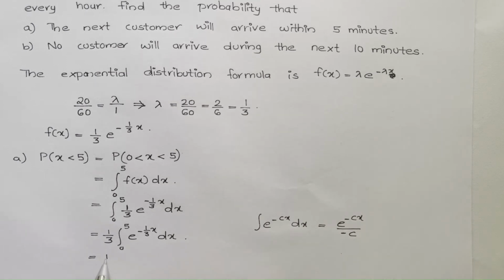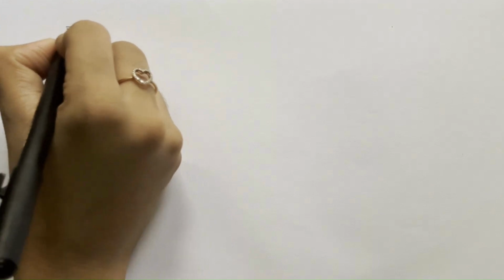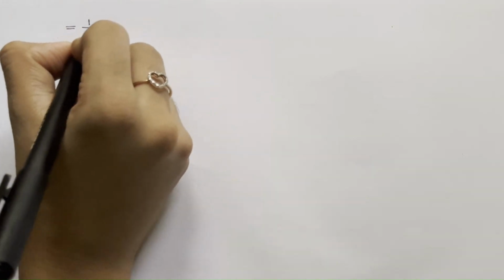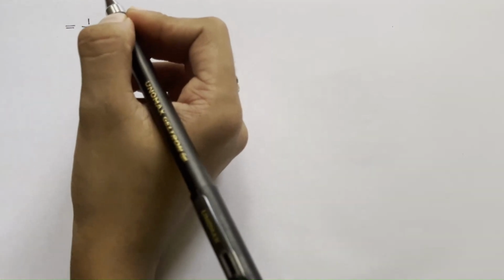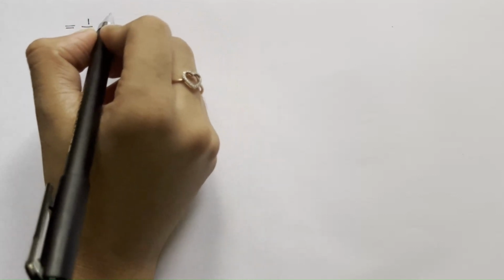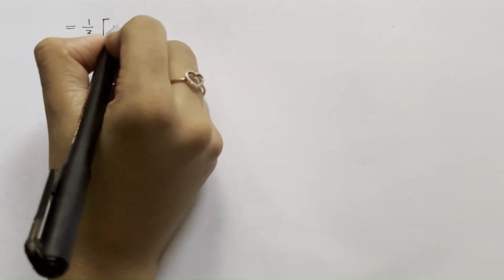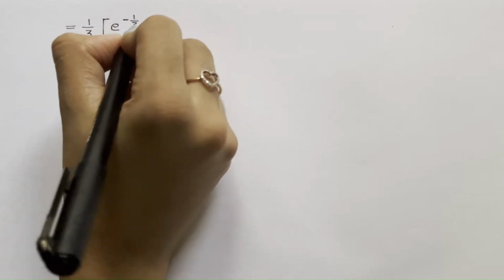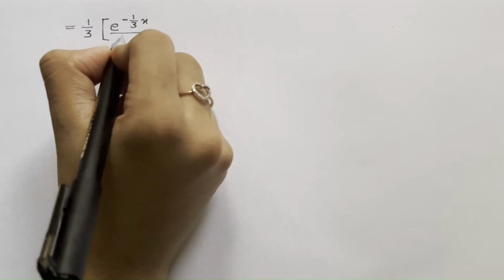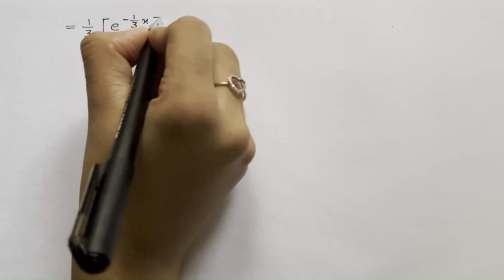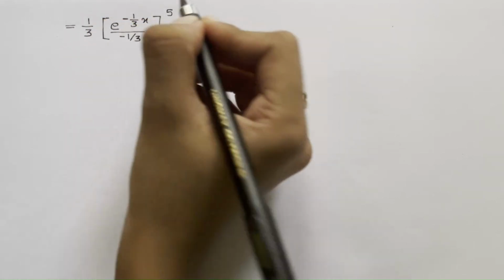So, 1 by 3 integral 0 to 5 e raised to minus 1 by 3 x dx is 1 by 3 e raised to minus 1 by 3 x divided by minus 1 by 3 from 0 to 5.